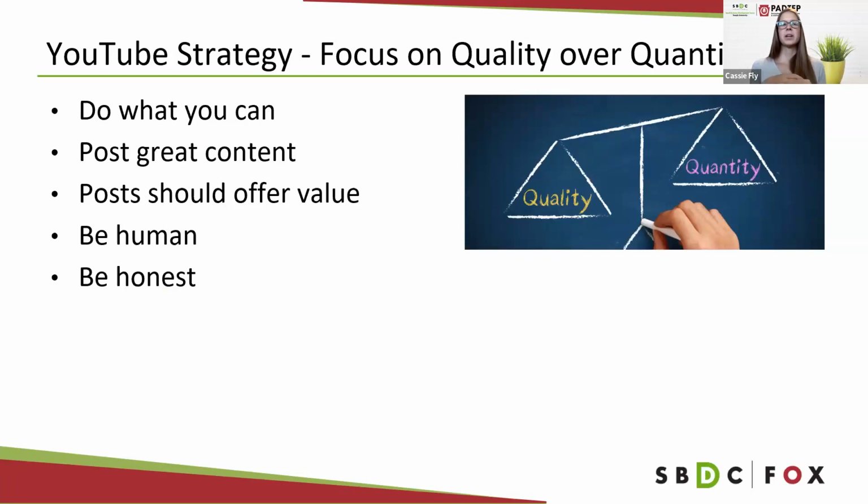Now, something to keep in mind with the sheer number of social media marketing options is that it seems overwhelming to have so many different social media accounts. You don't necessarily have to be on every social media account. It's more about quality content than quantity.